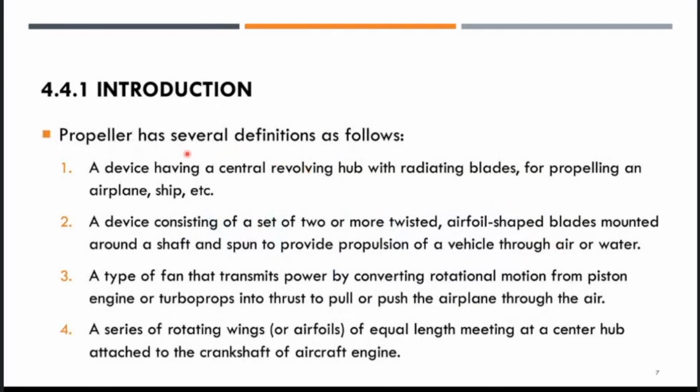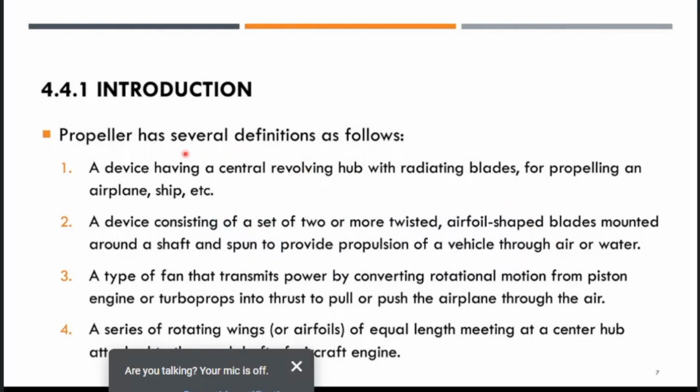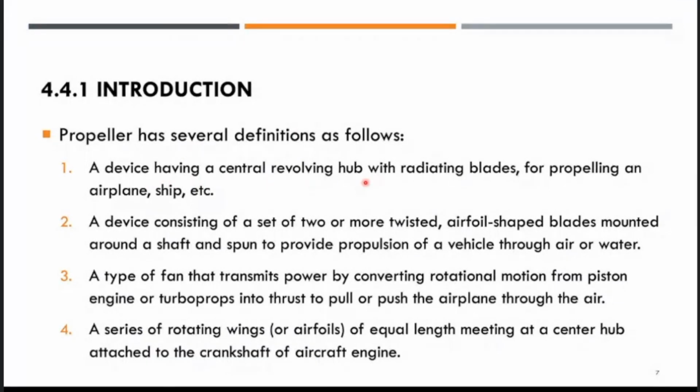Before we go any further, propeller has several definitions as highlighted here. A device having a central revolving hub with radiating blades. You can have more than 2 blades. It's not necessarily only 2 blades for propelling a vehicle. A vehicle can be an airplane, a ship, or anything else, right?